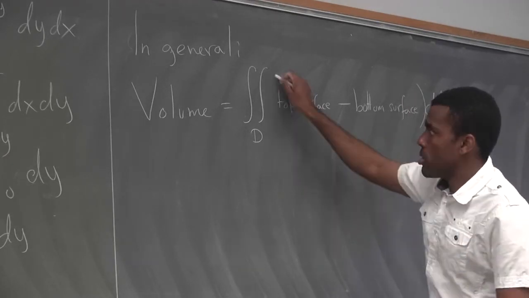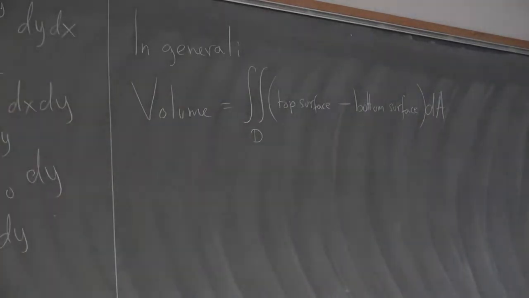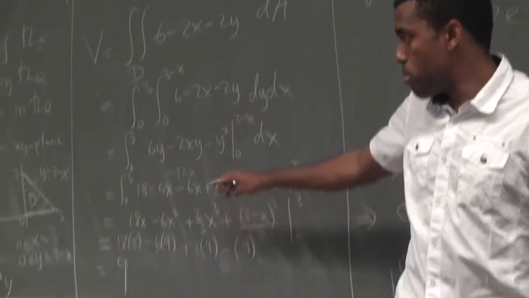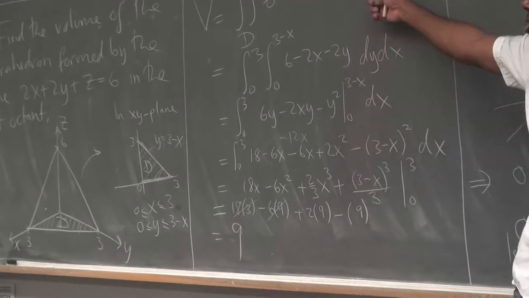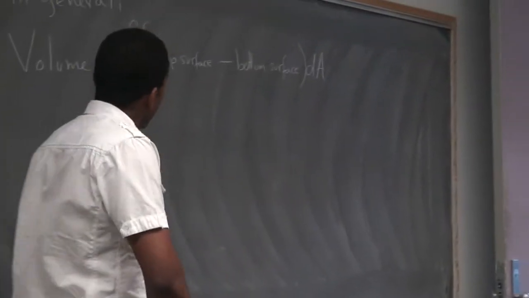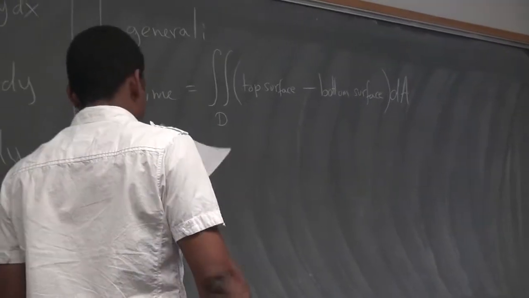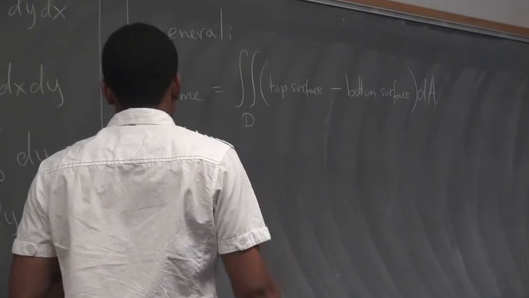So that should be something you're always thinking about. Notice here we were employing that, but your bottom surface was z equals 0. So if you subtract 0, it doesn't really matter, right? So especially in 12.1, they were always considering regions above the xy plane, which is 0. So you never really saw this, but in general, it's always there. So that's something you should take note of.